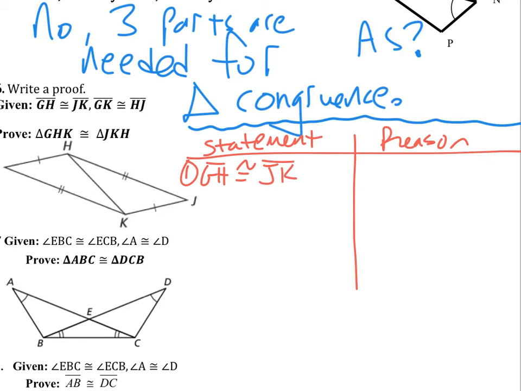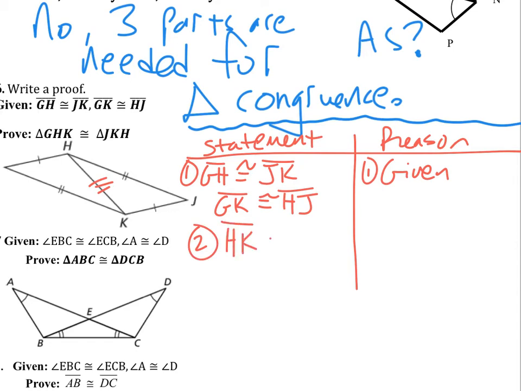So GH and JK are the same, and GK is congruent to HJ. So we've got actually a lot of information here that's given. 2 parts in the triangle, and well, this is almost too easy. HK is congruent to HK, and that is that reflexive property.